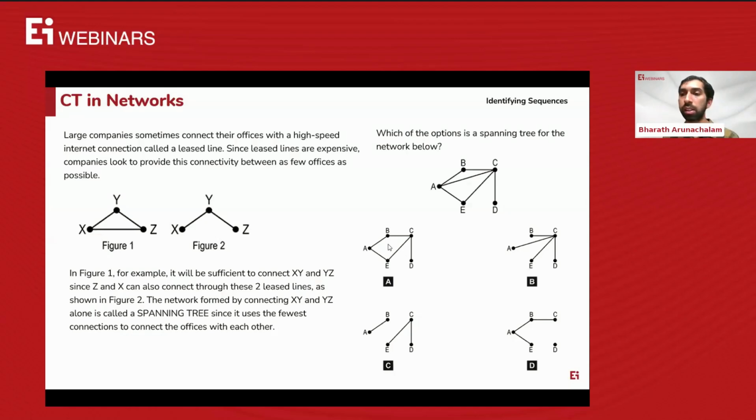We can have the answers. Most of you have answered option B, and some of you have answered option C and D.